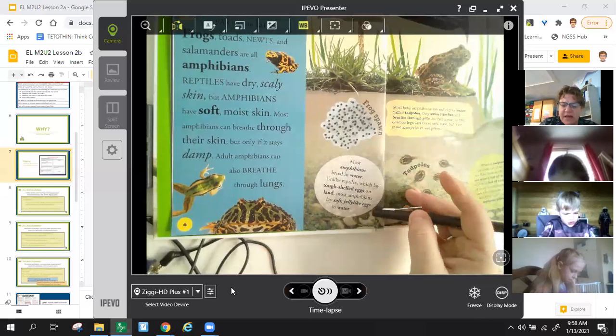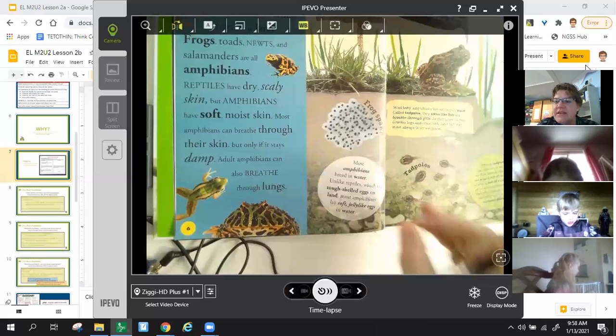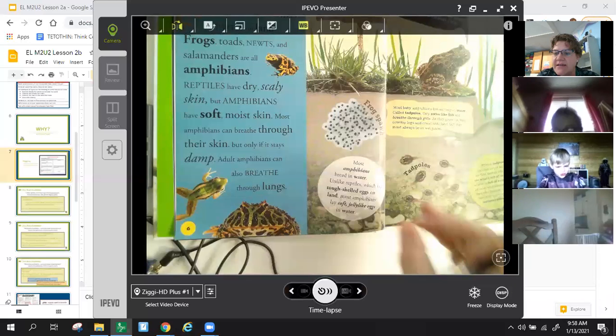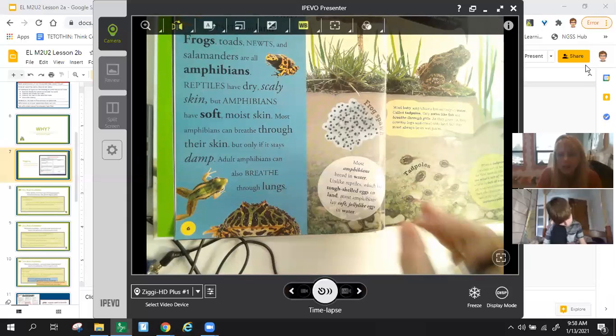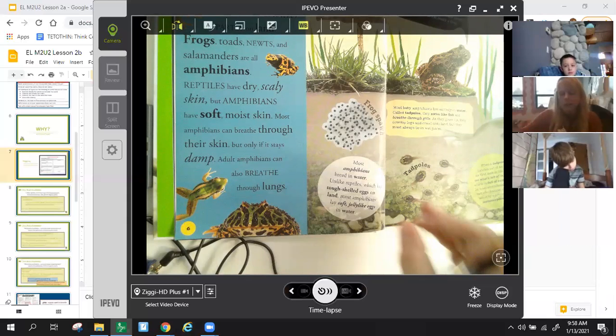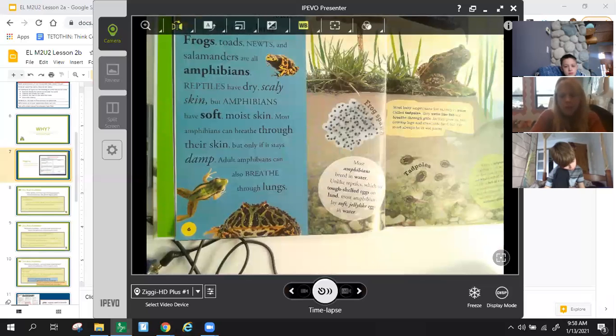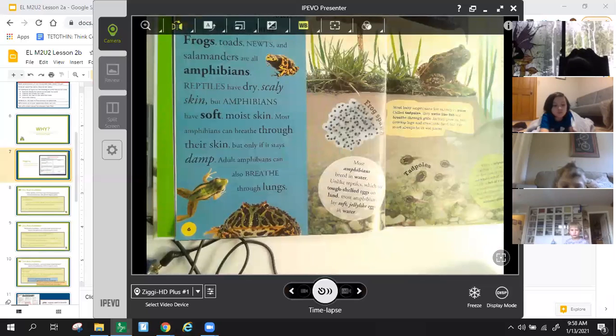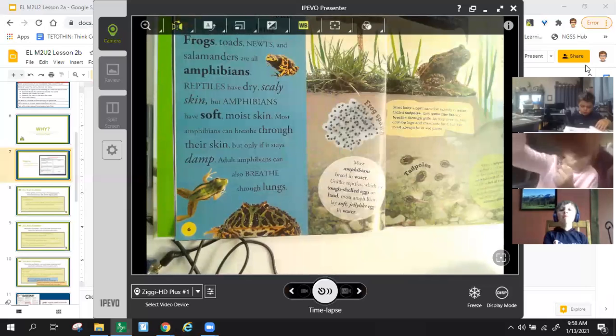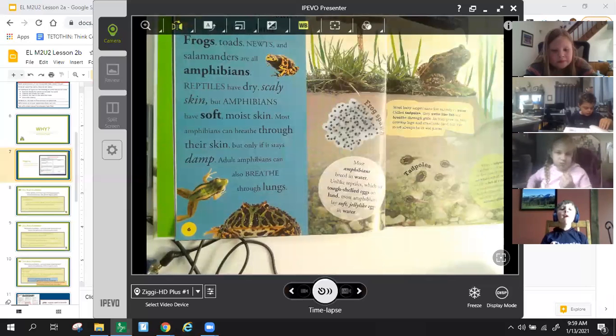Is there anybody who can tell me why they think the author decided to italicize both of those things? Why do you think that, and not the rest of it? Why did they choose amphibians and soft, jelly-like eggs? Why do you think they did both of those? Madison, why do you think? Why would they italicize those two things, do you think?